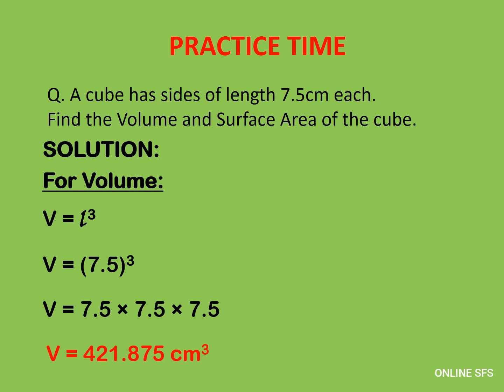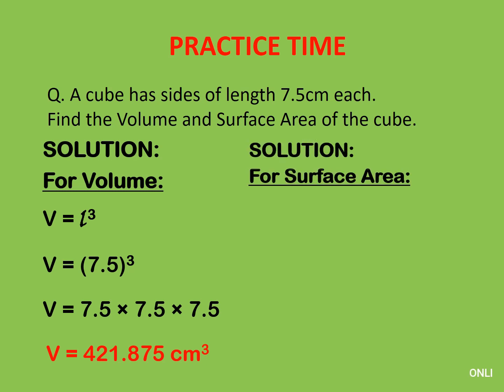Remember to write down the units properly. Now, for calculating the surface area, we will write down the formula first. That is 6a square. Like I previously told you, you can take any variable of your choice. Now substitute the value of a, that is 7.5 centimeters.